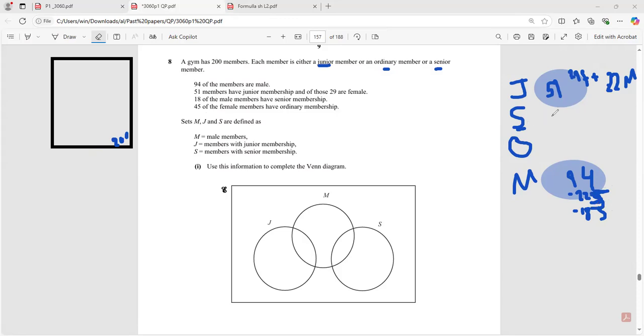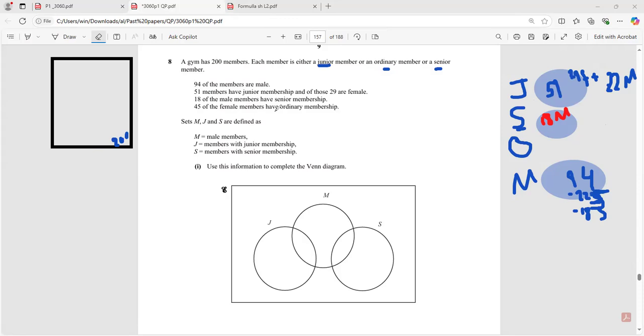Okay, so in the senior, before I write anything in this set, I'm going to say that here we have 18 members, which are in for the male. Okay, we don't know the total of the senior yet.